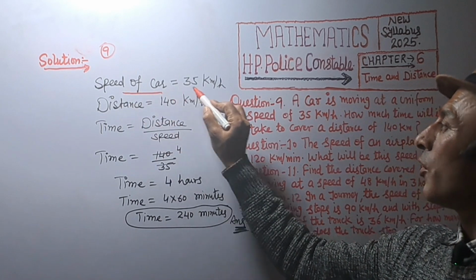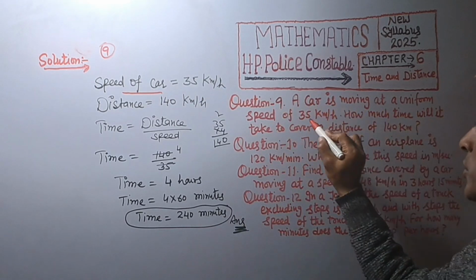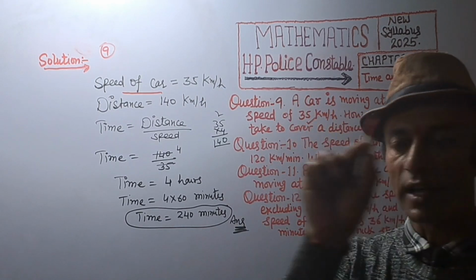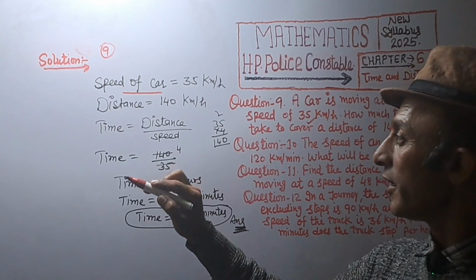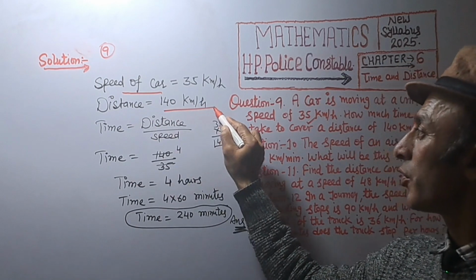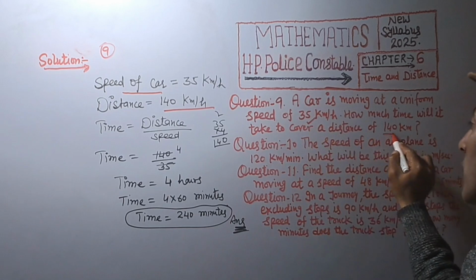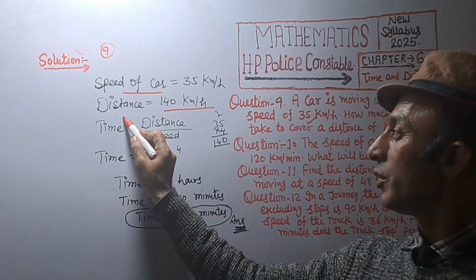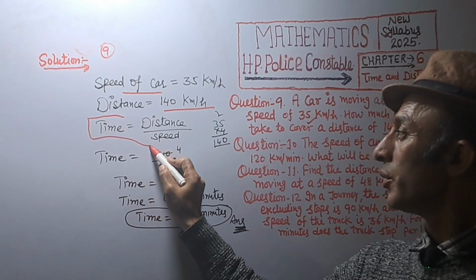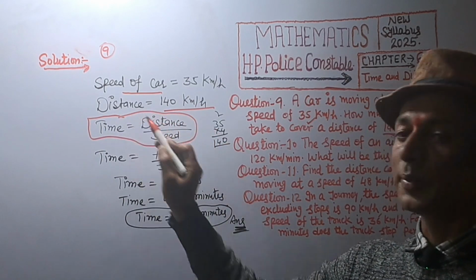Given speed of a car is equal to 35 km per hour and distance is 140 km. We find the time. We know that time is equal to distance divided by speed.